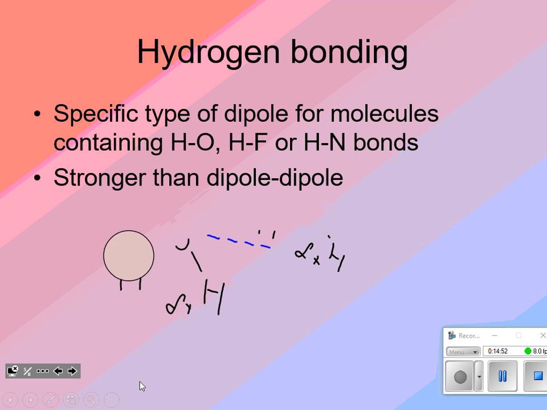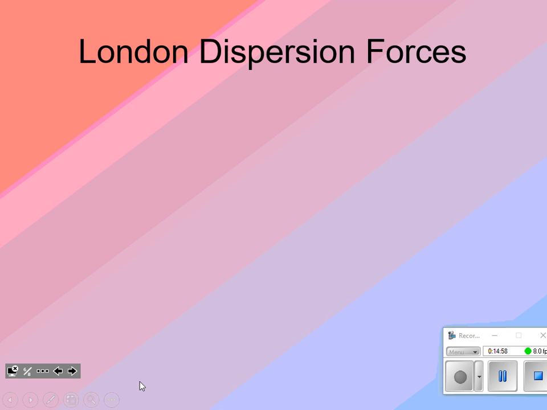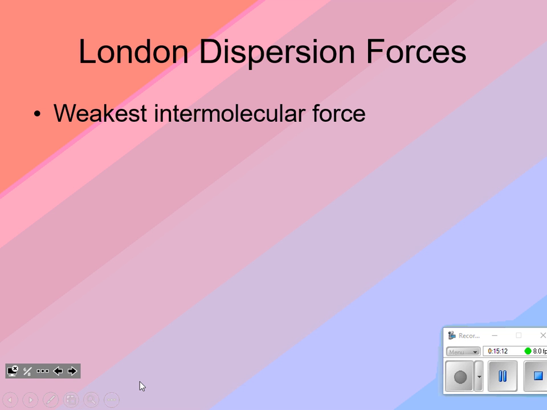Our last type of intermolecular force is the one that's a little more unusual. Our textbook calls it dispersion forces, but old textbooks called it London dispersion forces. It's another thing where a lot of people just call it dispersion forces, and I'm happy with that. This is far and away the weakest intermolecular force.